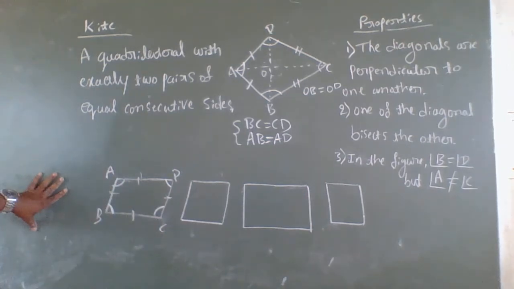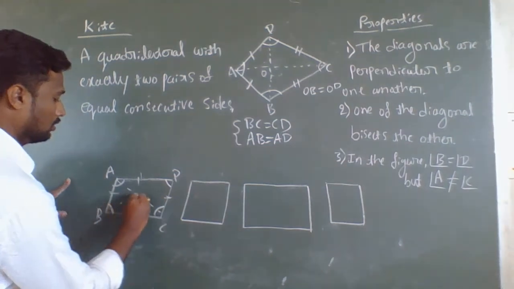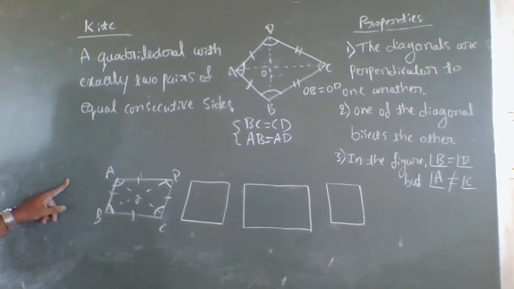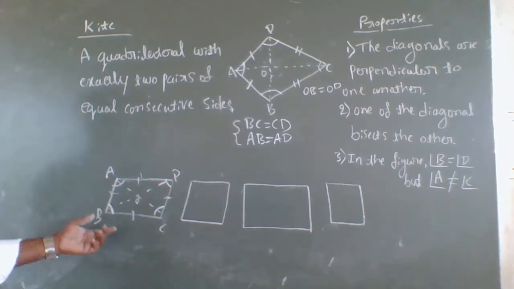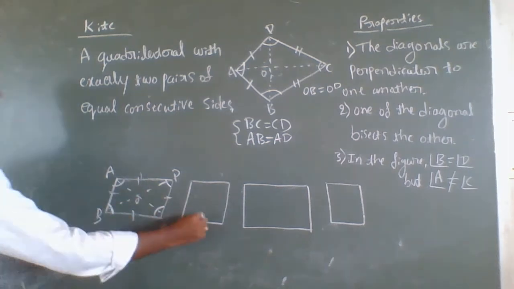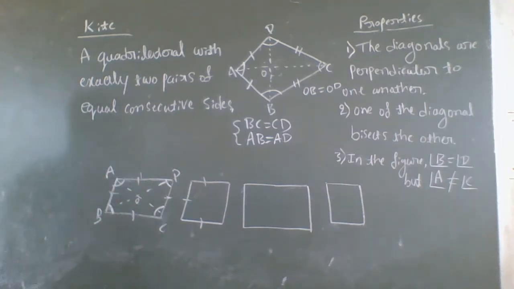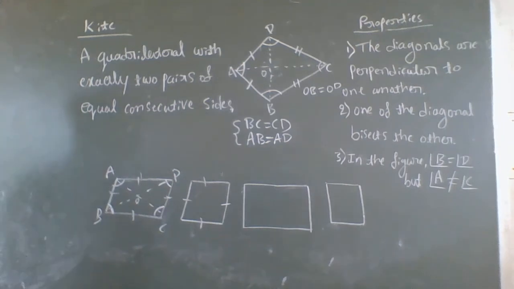The third property of a parallelogram is that the diagonals bisect one another. The second one is the rhombus. What is the difference between a parallelogram and a rhombus? In a rhombus all the sides are equal, but in a parallelogram only opposite sides are equal.